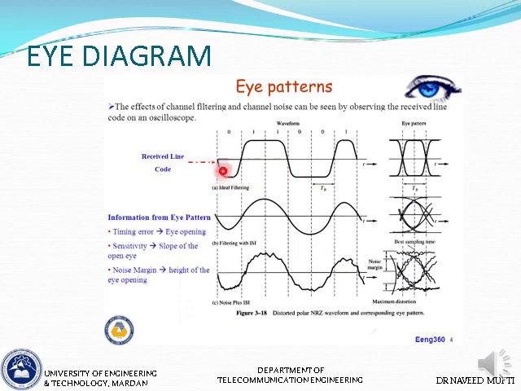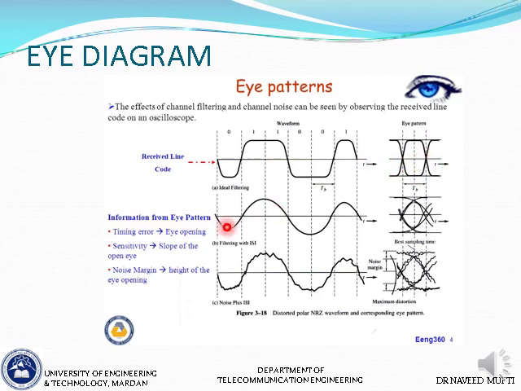And as you can see, it's a practical system, so the waveform is not a perfect rectangular pulse, but rather the edges are rounded. With near ideal filtering, if there isn't much distortion and the pulse is not distorted, the eye pattern will look like this, very clean and nice, with a big eye vertically and horizontally.